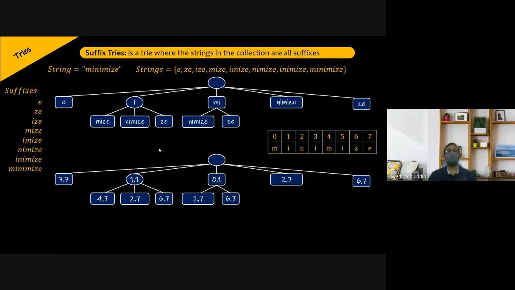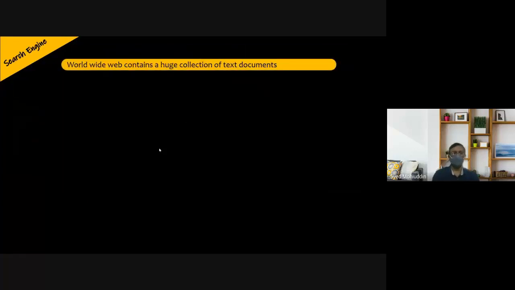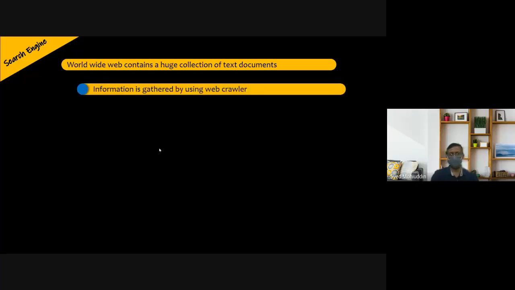So this was all about suffix tries, or actually tries, which are used in information retrieval. Now, why have we seen tries? We have seen tries because of their uses in information retrieval, and information retrieval has become a key concept for the World Wide Web, where we have a huge collection of textual documents, and the information or the data is gathered from web pages through web crawlers.